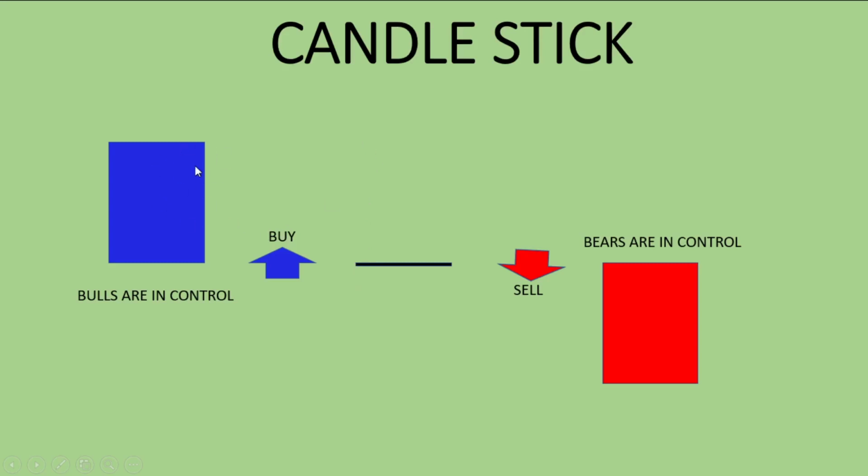Then the blue candle will appear, as we customized our candles. This is the bullish candle, which appears if the bulls have pressure in the market. Then if the market opens and the bears have more pressure than the bulls, they will push the market to go down. Then this candle will appear.